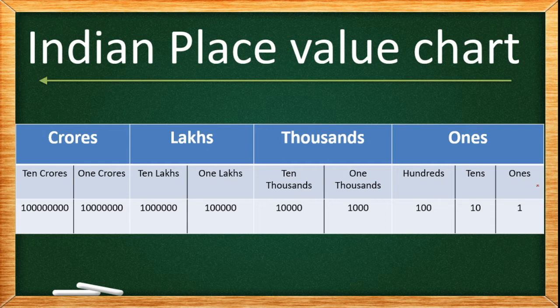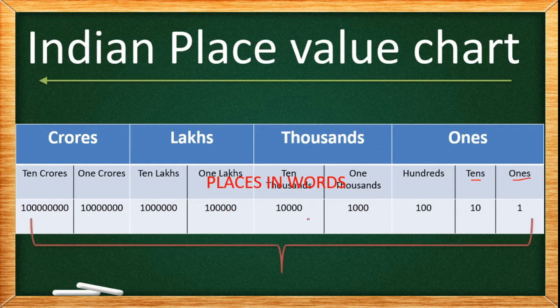First place is ones, second tens, then hundreds, 1,000s, 10,000, 1 lakh, 10 lakh, crore, 10 crore, etc. So this row shows places in words. The given row shows places in figures or symbols, using numerals.